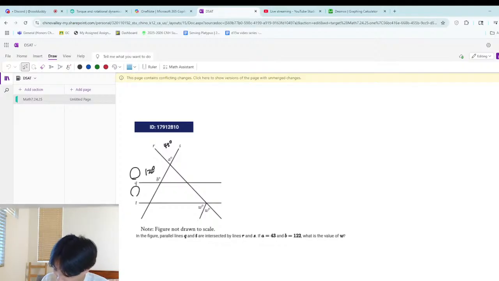So from the looks of this, if this is parallel to this, we can then make the inference.